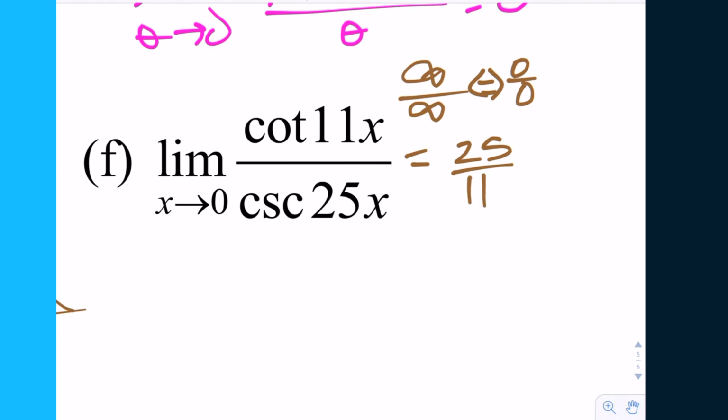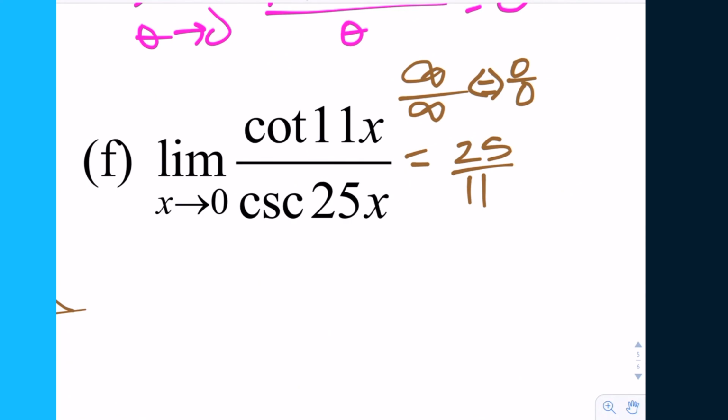25/11. Good. So it does work. It does work for the reciprocals. So that's a whole broad set of ideas to absorb. Any ratios of tangents to sines, or sines to sines, or sines to tangents, or tangents to tangents, or now the reciprocals.